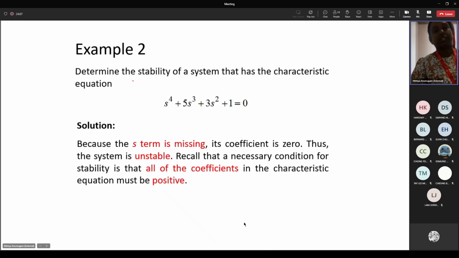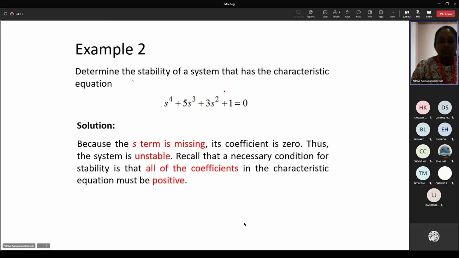So let's look into this example. Determine the stability of a system that has the characteristic equation. The characteristic equation is given here. We need to express everything in terms of s. If you notice here, we have s^4, s^3, s^2, and we need to have s^1.